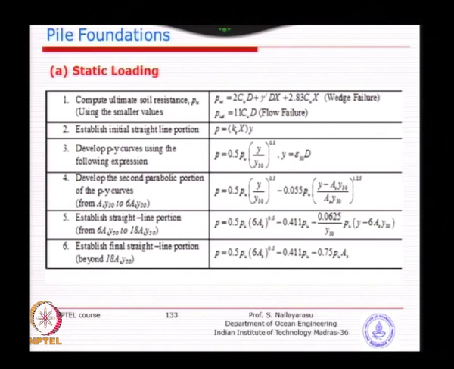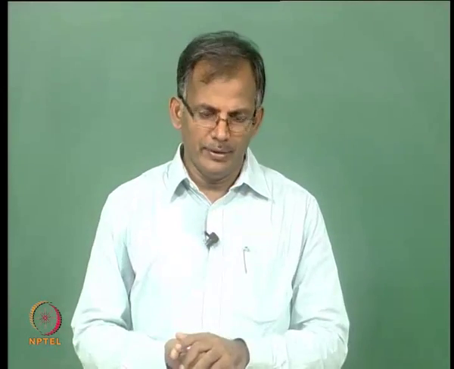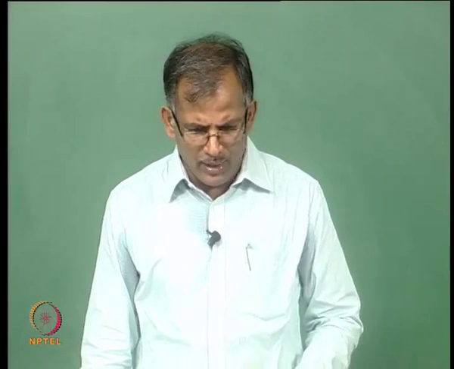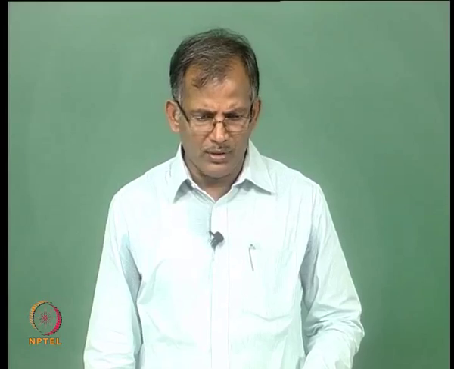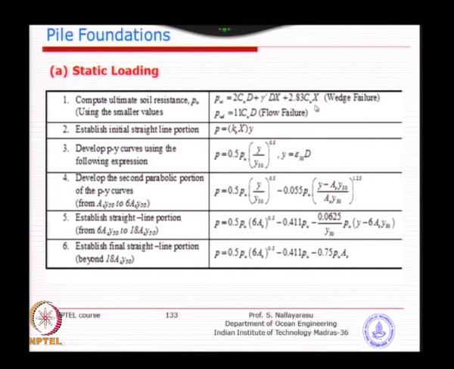So, you have to be reasonably clear. The unit here is kilonewton per meter length of the pile, whereas the API equations were kilonewton per meter square, which is for a unit area. Otherwise you can remove the diameter, because everywhere the diameter will go away, and if you do normalization the diameter will come down here.